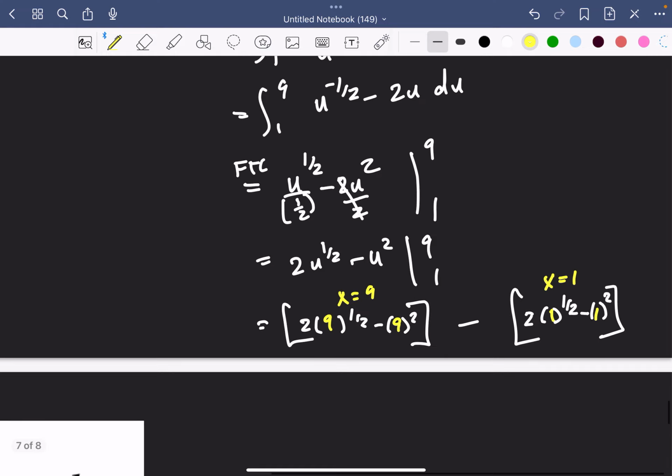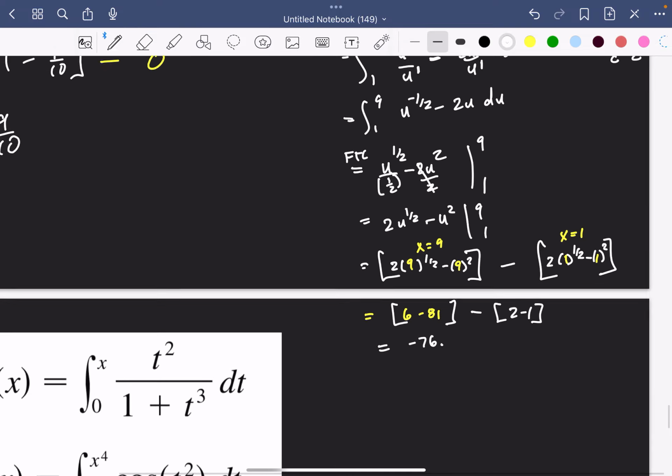So what that's going to give you is 6 minus 81 here in this first set of brackets. And over here, this is just going to give you 2 minus 1. So that's going to end up being negative 76. Okay.